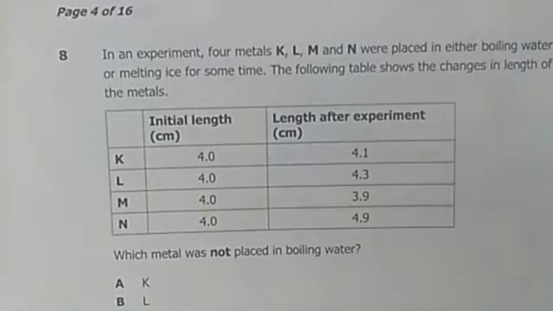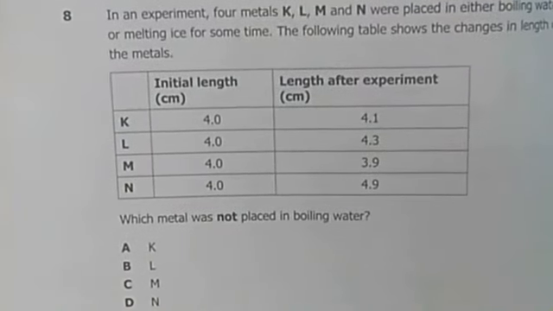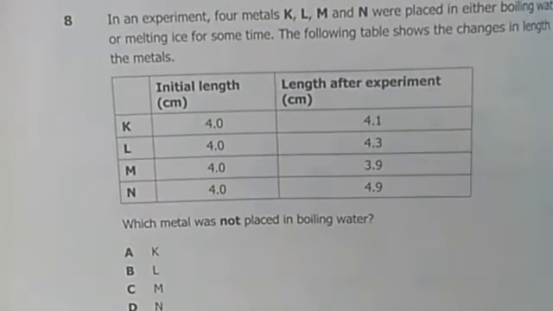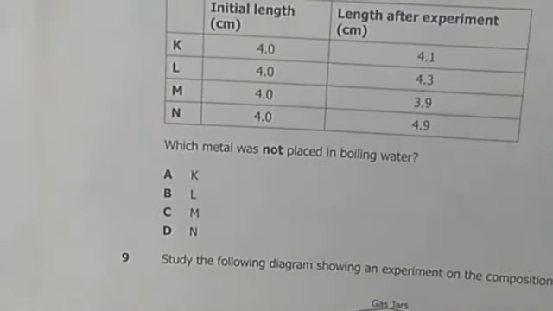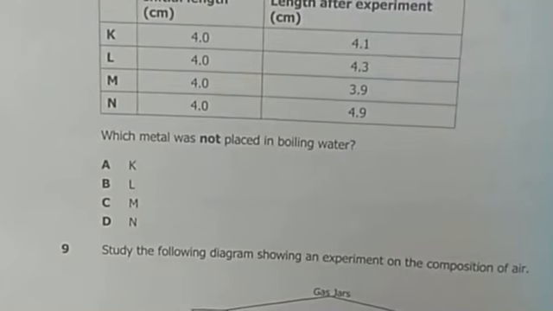Okay, they're asking us which metal was not placed in boiling water. Now, when you put a substance in hot conditions like hot water, that substance is going to change in length, and the change is positive. It's going to get bigger.